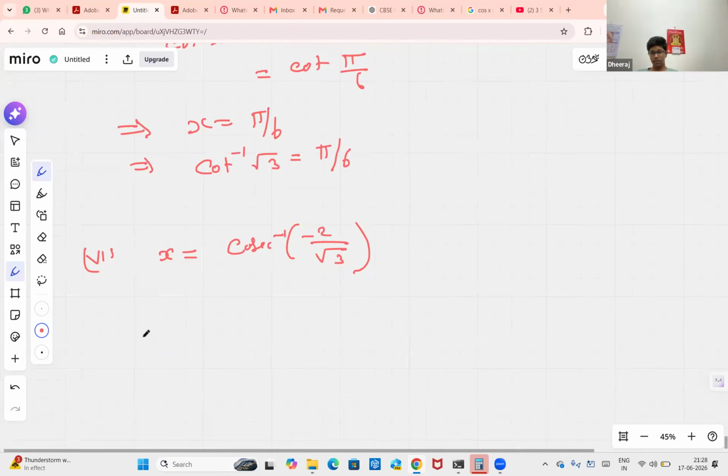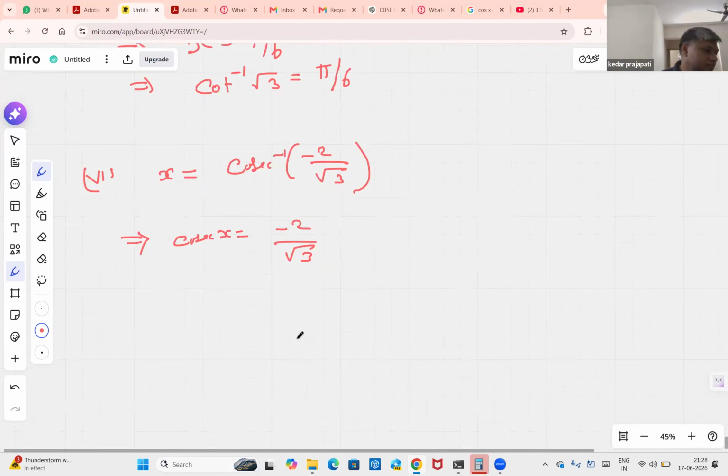Since I don't know the range, I'm not telling you, just solve it. Cosecant x is equal to minus 2 by root 3, so cosecant x is equal to cosecant of minus pi by 3.